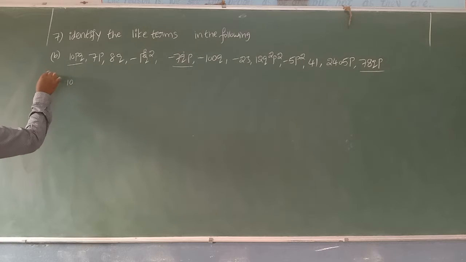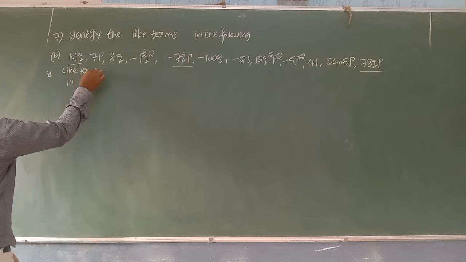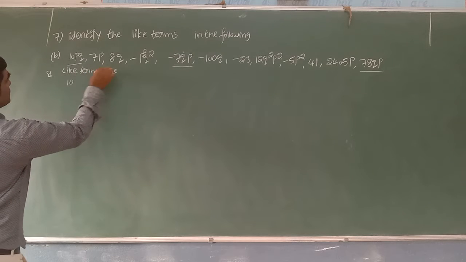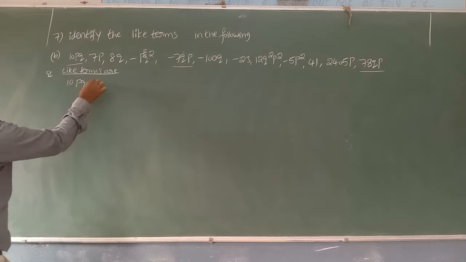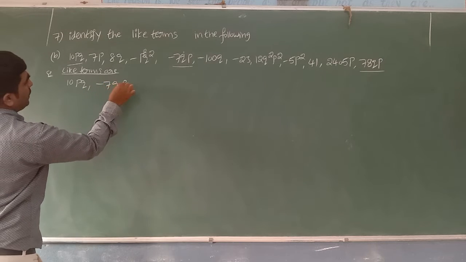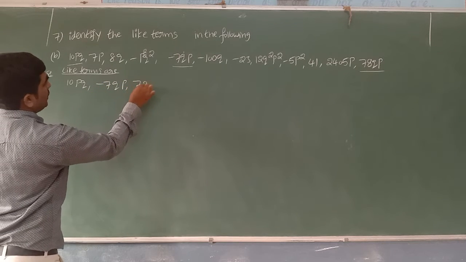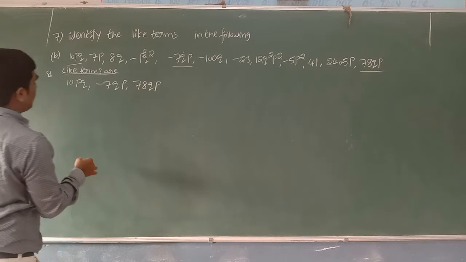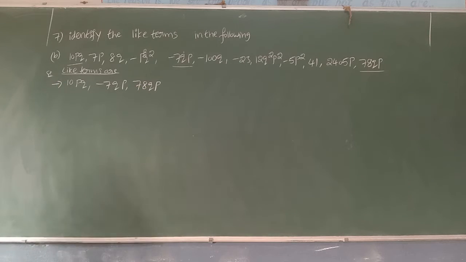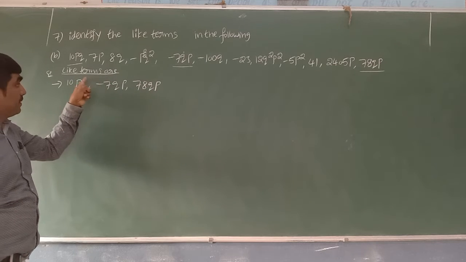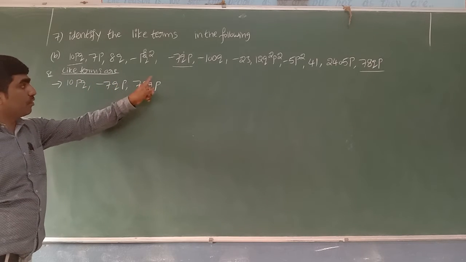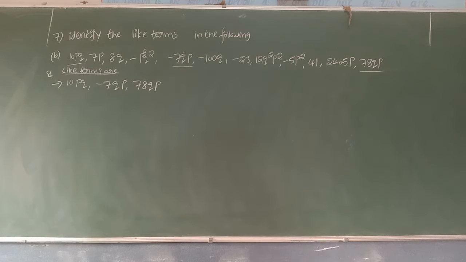So here the like terms solution. Like terms are, yes, here the like terms are, what is the group? First group 10p cube, comma, minus 7 qp, comma, 78 qp. All these are called the like terms. The reason which contains same variables pq, and same powers 1 1 1. So they are called like terms.